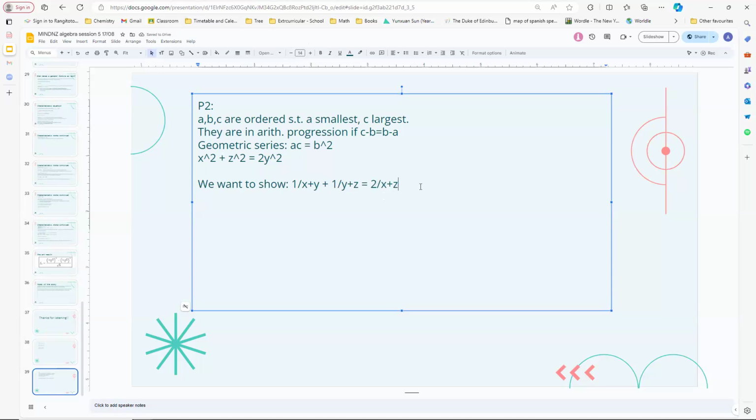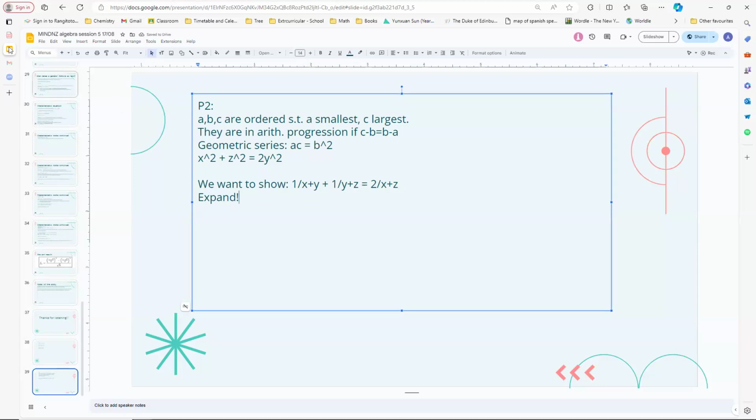And that's because if x is less than y is less than z, then 1 over x plus y is going to be the largest, 1 over y plus z is going to be the smallest, and then 1 over x plus z is going to be the middle one. So using our fact, if we can show that this holds true, then we have also shown that these three are an arithmetic progression. And if you just expand it out, it just works. So yeah, you're done. It's just a bunch of algebra.